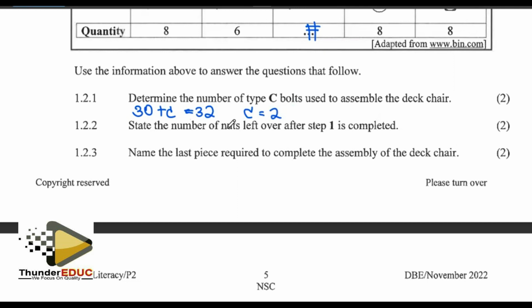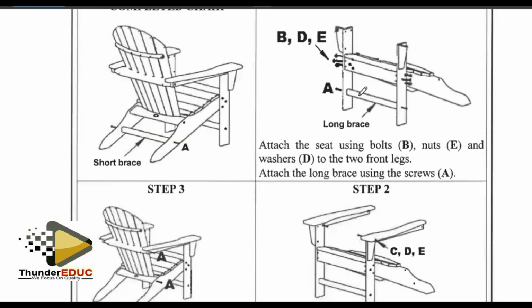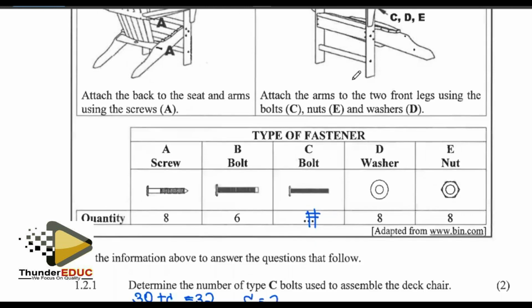All right, state the number of nuts left over after step 1 is complete. Step 1, let me see. What does it need? Step number 1 needs attach the seat using bolt B, nut E, and washer D to the two legs.